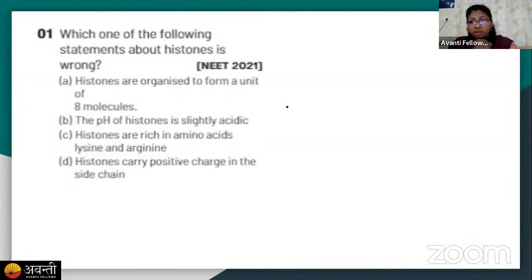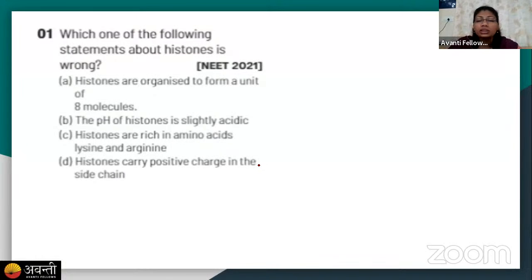So our first question here is, which one of the following sentences about the histones is wrong? So here the question is asking about the histone proteins. The histone proteins are very important molecules for the condensation of the DNA.